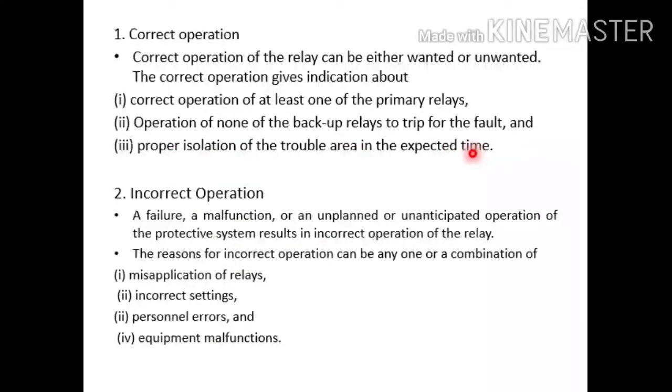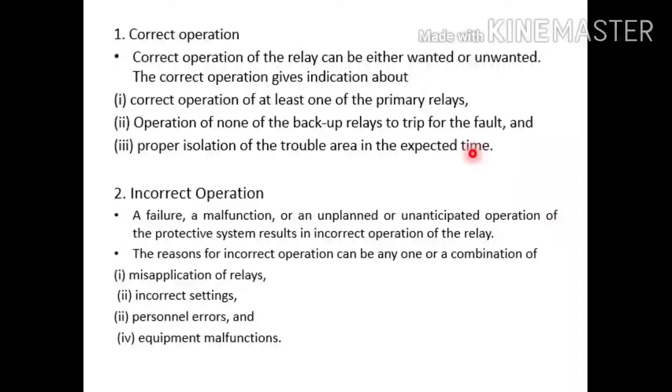So what do we mean by correct operation? It indicates that the relays have to protect the system. At least one primary relay has to operate. None of the backup relays has to trip. Then it has to provide proper isolation of the fault area.